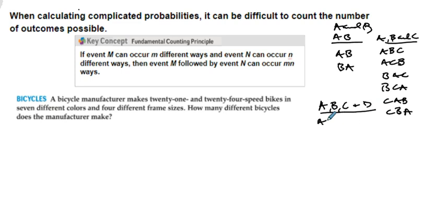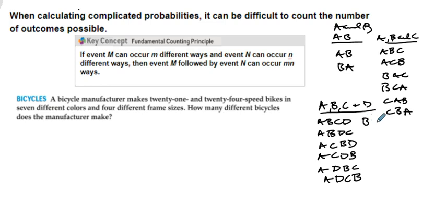You go right in order A, B, C, D, and then A, B, D, C. Then we can switch C around and go A, C, B, D, A, C, D, B, and then A, D, B, C and A, D, C, B. All I'm doing is different orders of these, all starting with A. Now if I do B, you'll see I have the same thing: B, A, C, D, B, A, D, C, and then I can move C to the front and go B, C, A, D, B, C, D, A. Remember, the order is important, so there is a difference between AD and DA. And then B, D, A, C, and B, D, C, A.